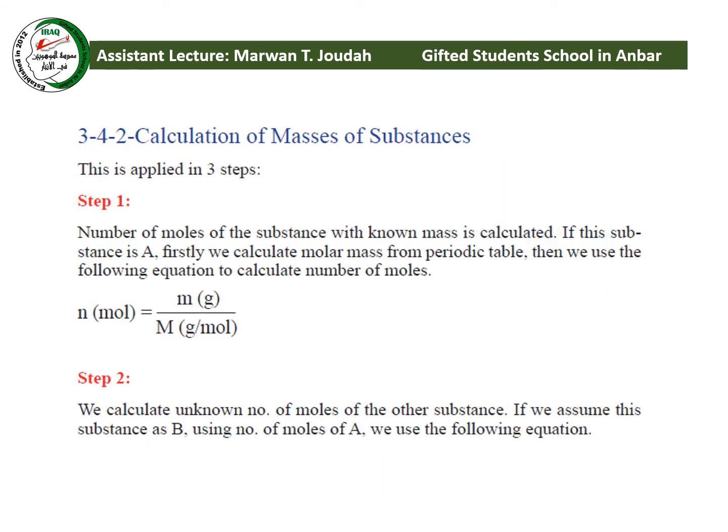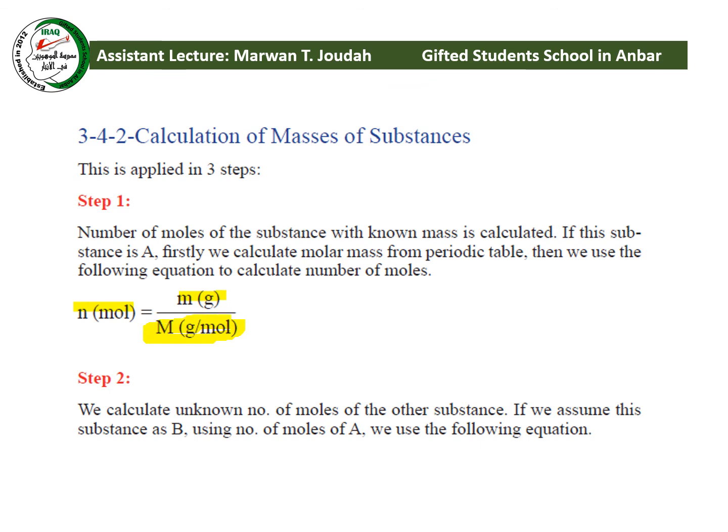Now let's move into another subject, which is the calculation of masses of a substance. We started with the moles, and now we are moving to the masses of a substance. It's easy. There is a law that we will be using through the chapter: the number of moles of any substance equals the mass of the substance over the molar mass of the substance.